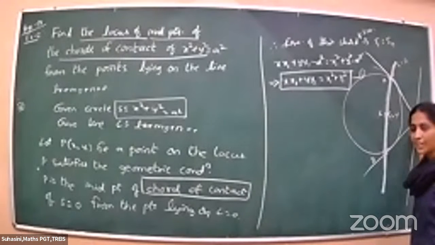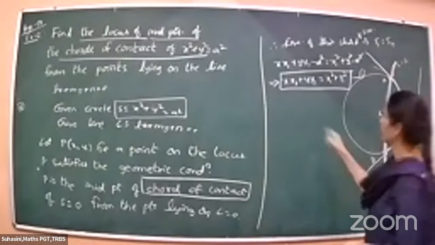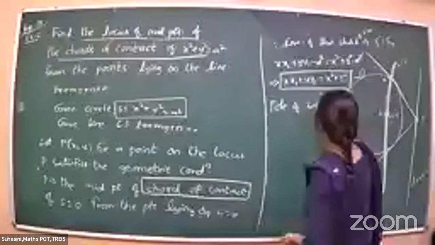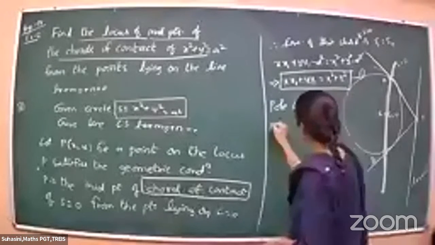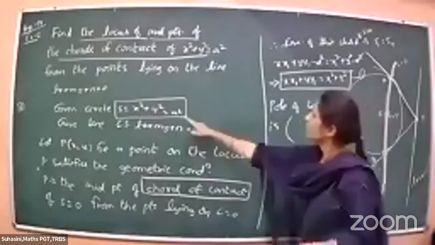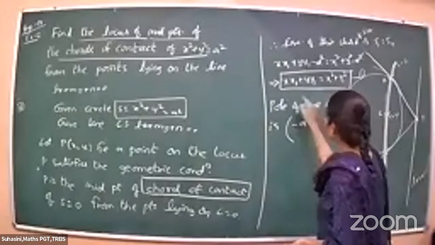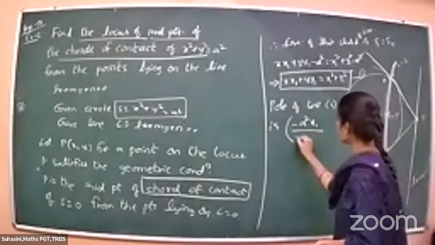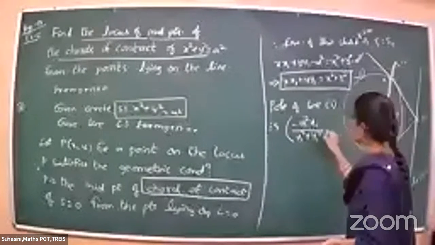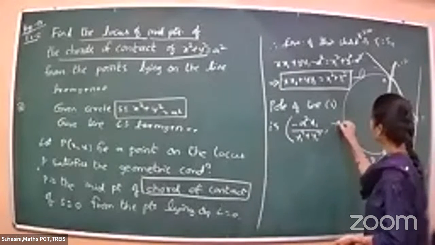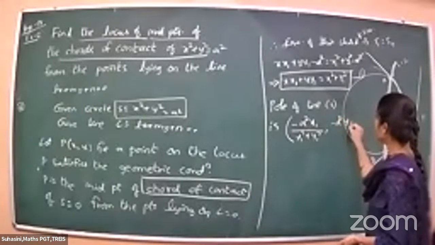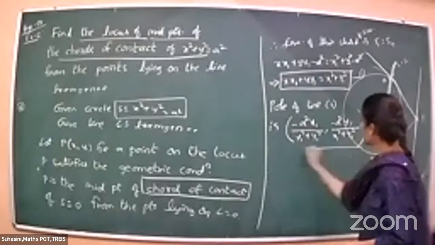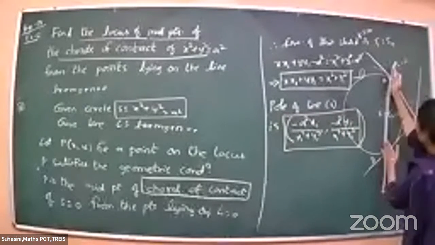So how can we find P? It is to find the pole. So the pole of the line is, we have a formula, minus a square times the x coefficient, x1 by x1 square plus y1 square, minus a square L by N, minus a square M, that is y1 by x1 square plus y1 square. And this is the pole of this line.